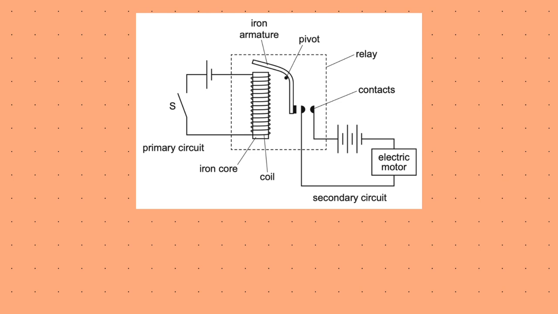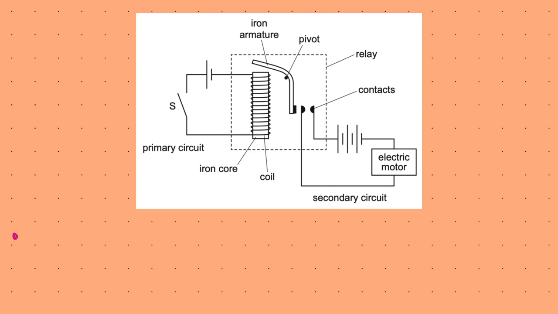Now how does the relay work? Let's just talk about this. Now instead of a switch on this side, I'll just be closing a switch on this side, and when this switch is closed, this circuit is going to be completed. There will be a closed loop, and current will start to flow from the positive terminal of the battery to the negative terminal. Now when the current flows, this is going to cause a current in this solenoid, and because of the current in the coil, the iron core inside the coil is also going to become magnetized.